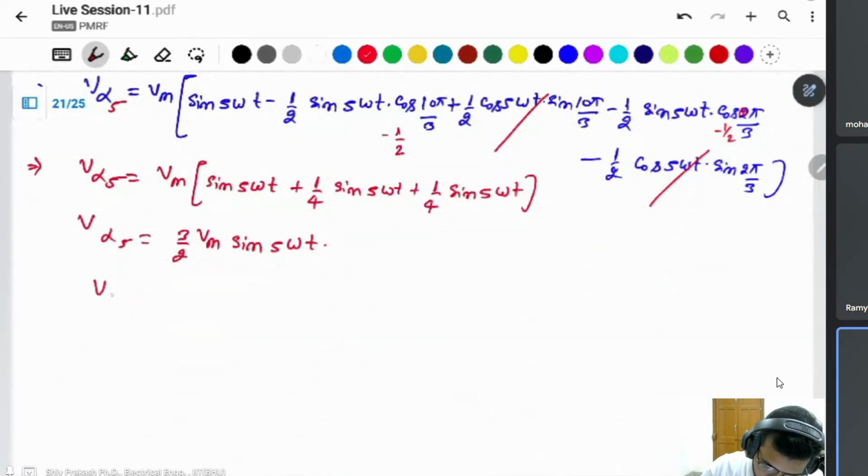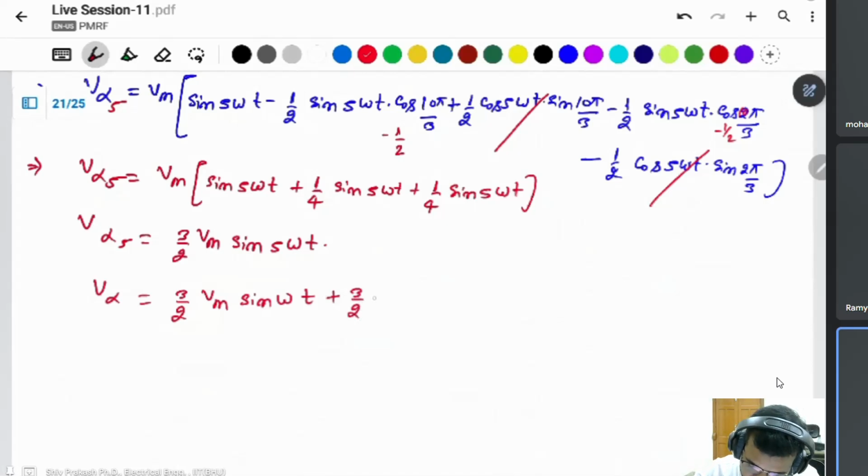Then total Vα will be 3/2 Vm sin ωt plus 3/2 Vm sin of 5ωt.